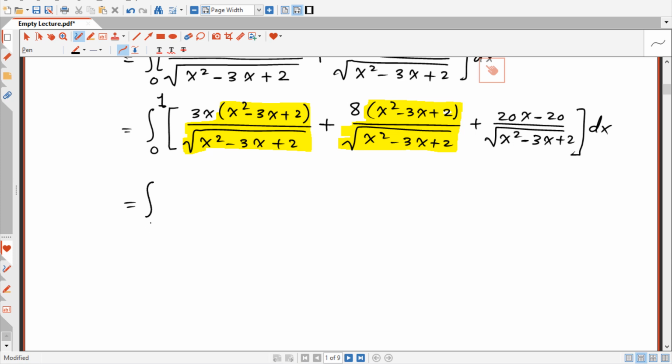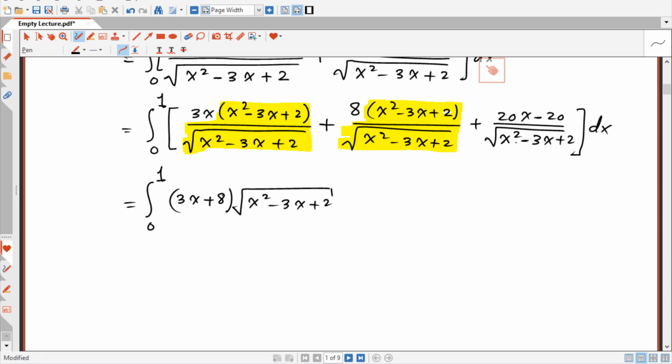So this is equal to the integration from 0 to 1 of 3x plus 8, and we have y divided by the square root of y, that's the square root of x squared minus 3x plus 2, that's the first two terms here.